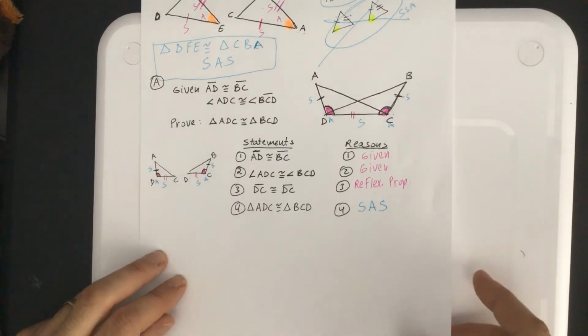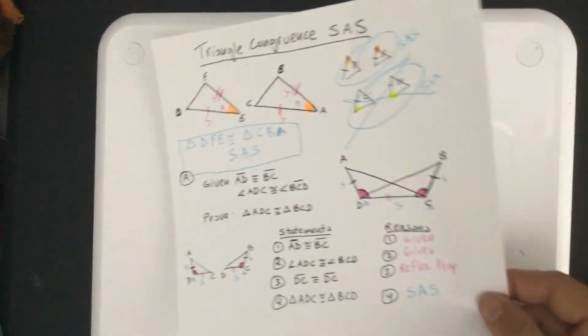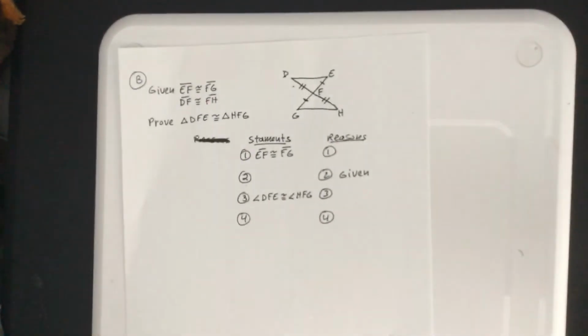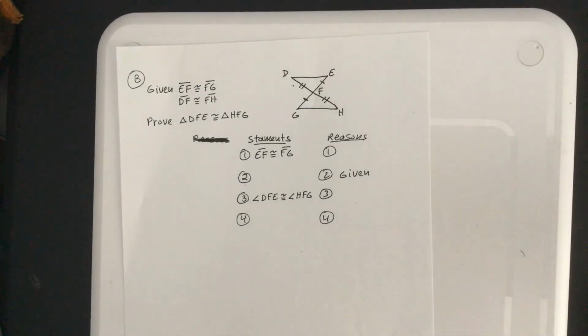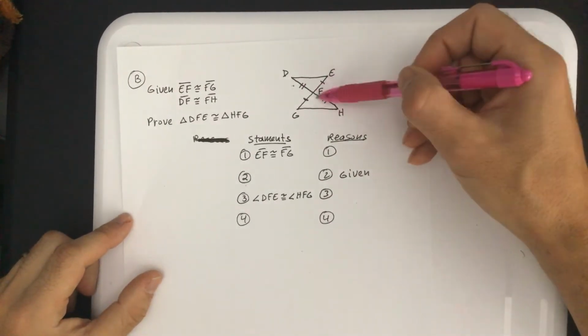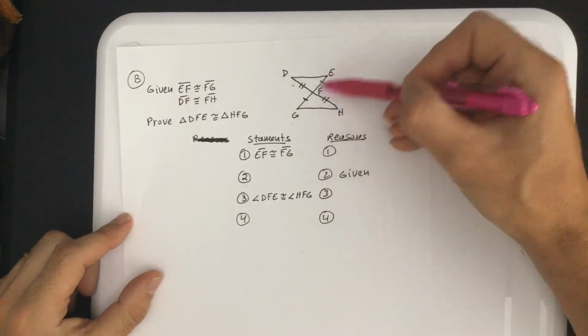So let's go and take a look at another example. Let's take a look at that one. It says given EF is congruent to FG. I already marked it down here so you guys can see it.